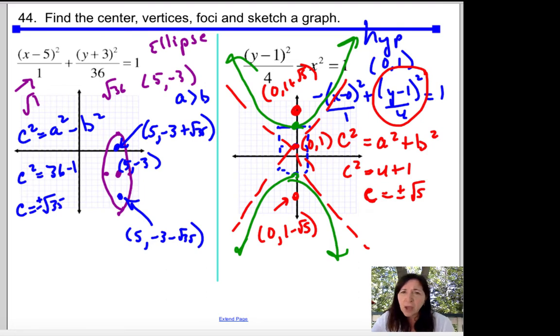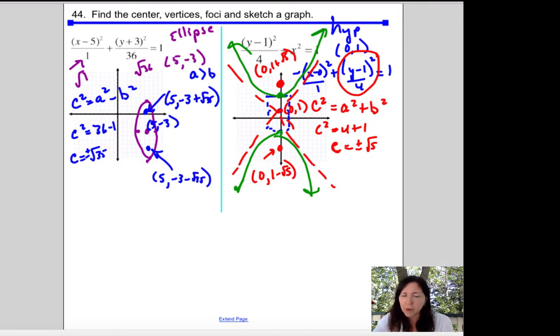And lastly, I need my asymptote equations. I know they didn't ask for that, but you will need to know what those are. So based on (0, 1), you always start off y equals plus or minus the rise over the run times x. And so that's going to be the square root of 4 over the square root of 1, which is 2. Now, the difference is because my center has been moved.